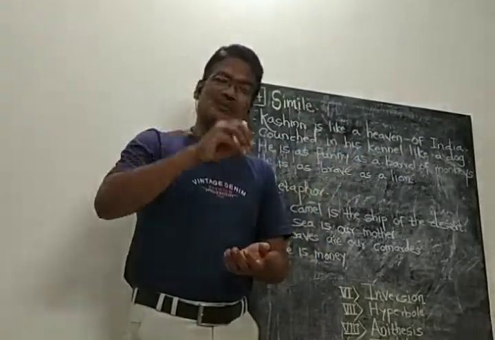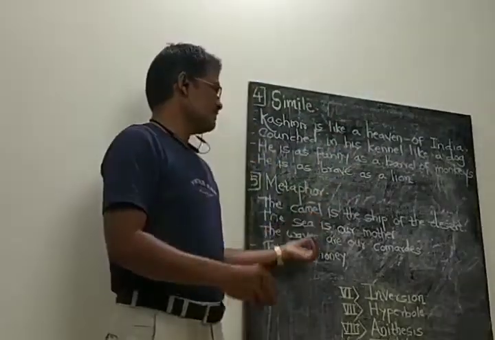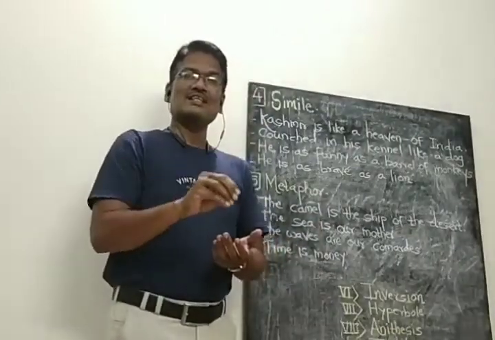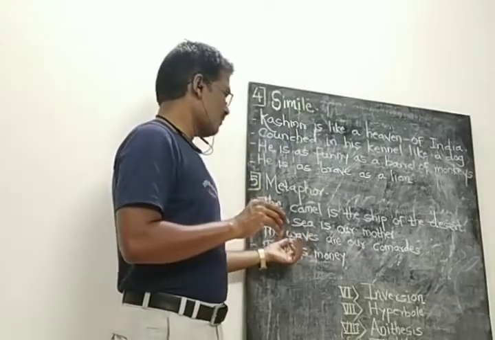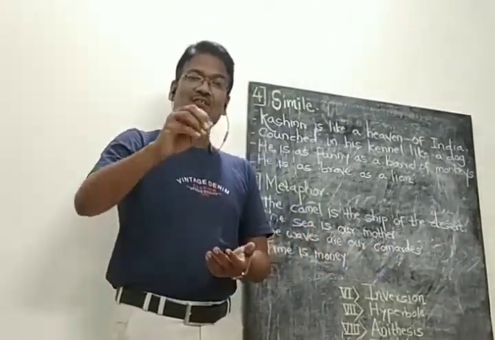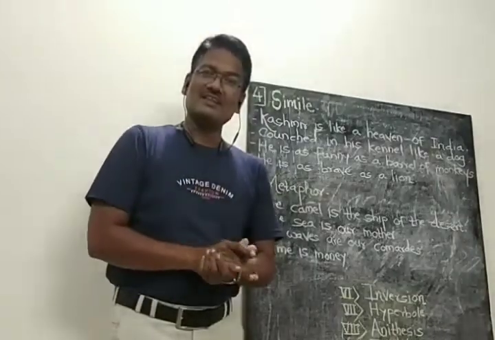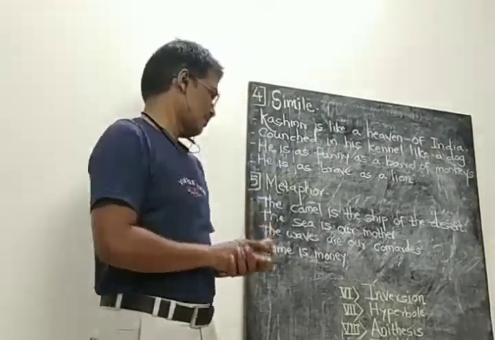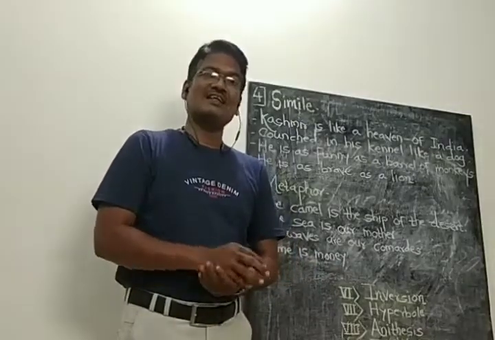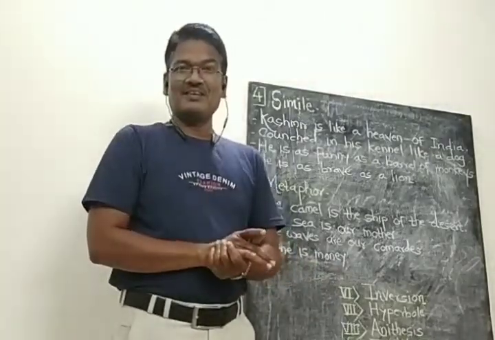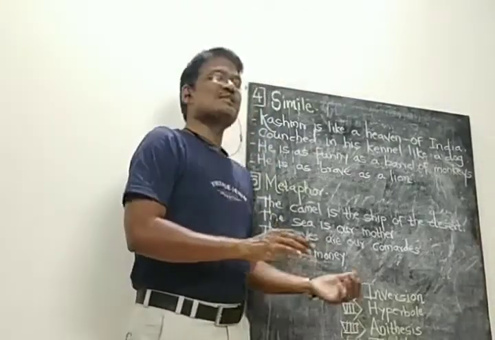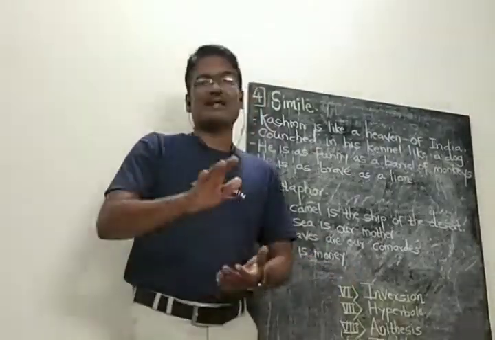But here it is imagined that the sea is our mother, and that is why it is metaphor. The waves are our comrades. This is metaphor. Time is money. Actually, if we say time is like money, it is simile. But when we say time is money, it is metaphor.